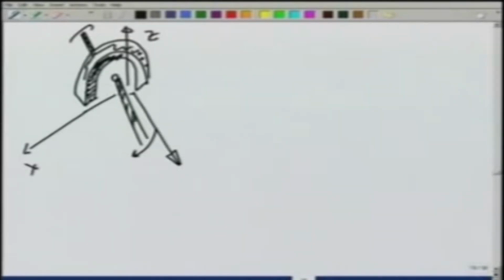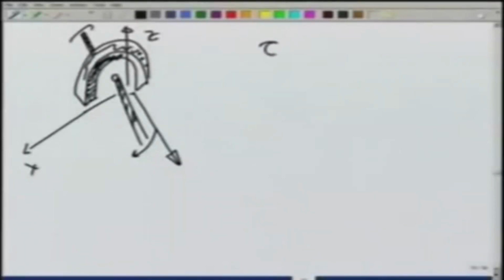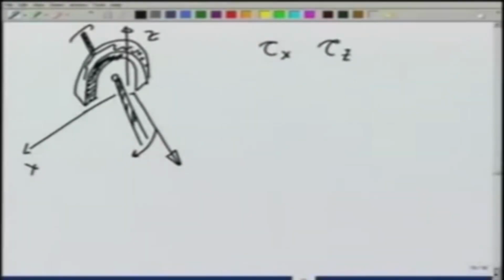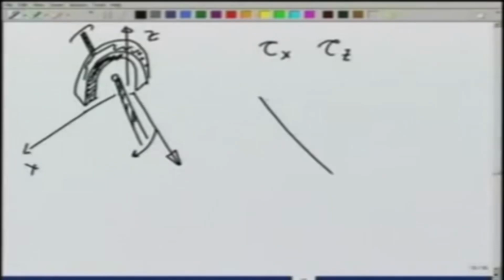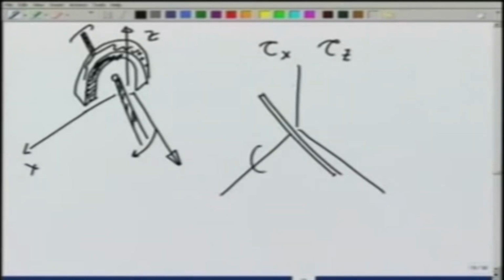Then you can see that about the x axis I cannot rotate it. So, the support gives a tau x. About the z axis I cannot rotate it. So, it gives me tau z. However, I can rotate it about the y axis, and therefore, this kind of support would give me on the shaft a tau x, a tau z, but no tau y.